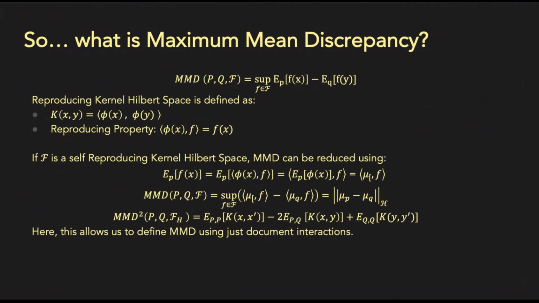And the reproducing property, the one that we're really interested in here, is that the dot product of phi of x with a function f actually gives you f of x. This is a property of reproducing kernel Hilbert spaces, and more information can be found in math books, which I did not read and I will not go into.